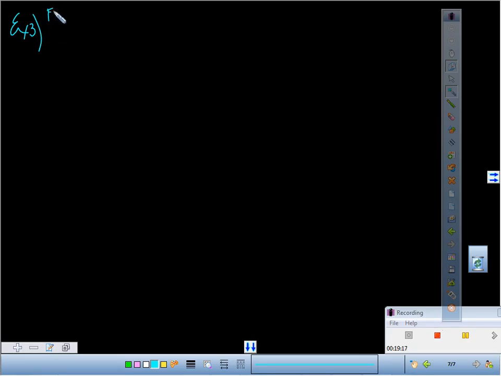This one says find all real zeros. Now, remember what I said. I'm going to kind of treat it like every one of them is a 50-point test, okay? So that you can get an idea of what to expect on the 50-point test.